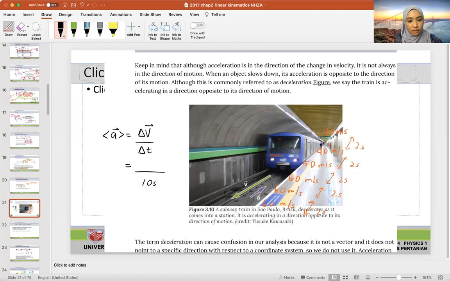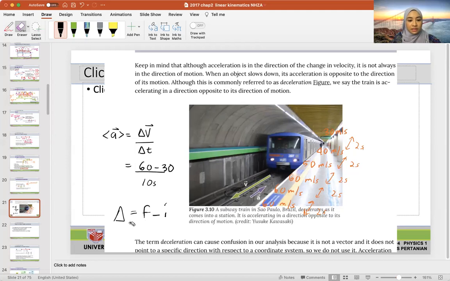Anyone else want to try? What is delta again? Change. Okay, what is the equation for delta? Always final minus initial. What is the final minus initial here? Velocity. 60 minus 30.